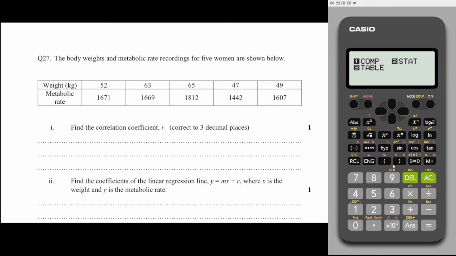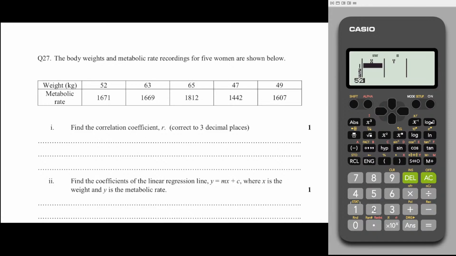I told a lie. We're going to hit mode 2, and then the number 2, because we want the X and the Y. Because our weight in this case is our independent variable, our X variable, so 52, 63, 65, 47, 49. And the metabolic rate is our dependent variable, so it depends on what happens with the X, or we're presuming it does anyway.